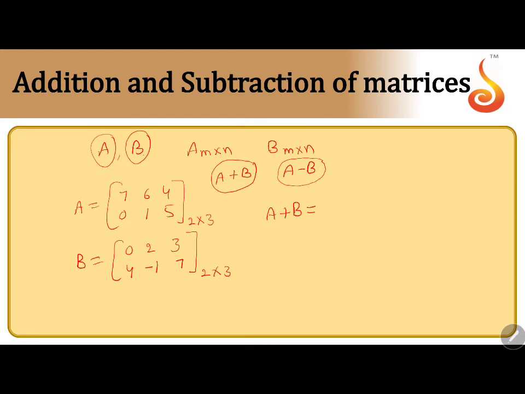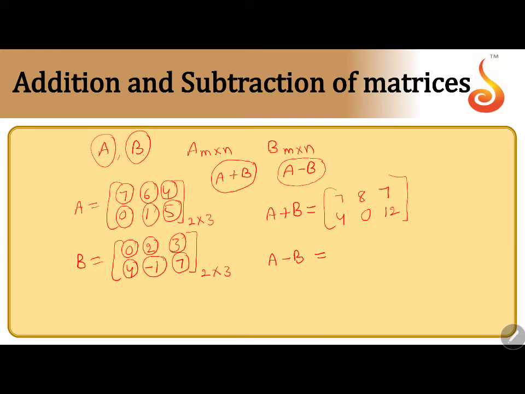Just add the corresponding elements. 7 plus 0, 7. 6 plus 2, 8. 4 plus 3, 7. 0 plus 4, 4. 1 minus 1, 0. 5 plus 7, 12. Added the corresponding elements.